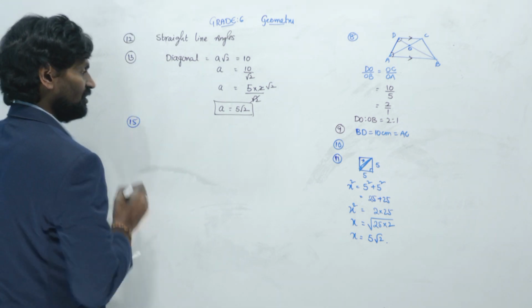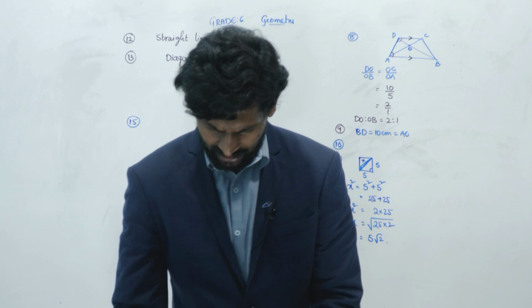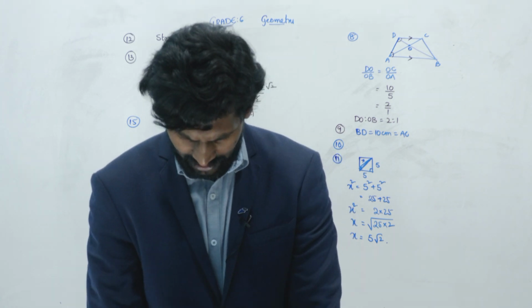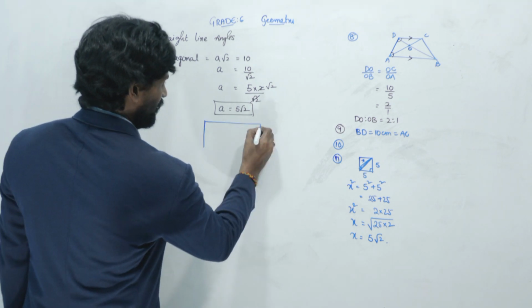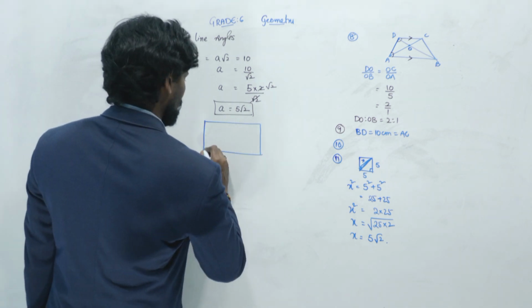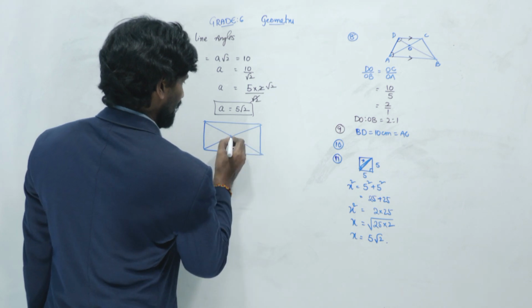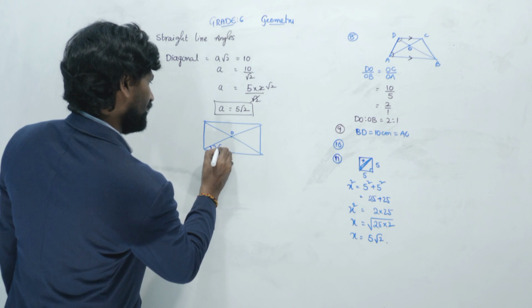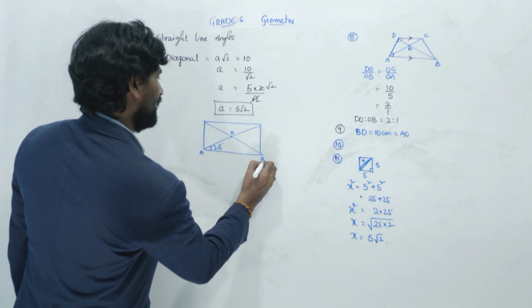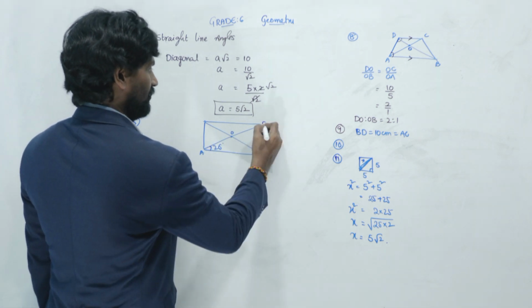The 15th question is given that in the given figure, ABCD is a rectangle, diagonals are intersecting at O. Let me draw the rectangle diagram here. The diagonals are intersecting at O, and here angle A is equal to 26 degrees. Not completely angle A, it is nothing but OAB.